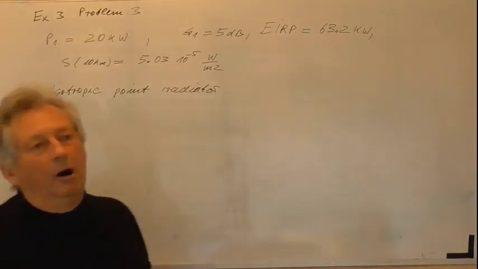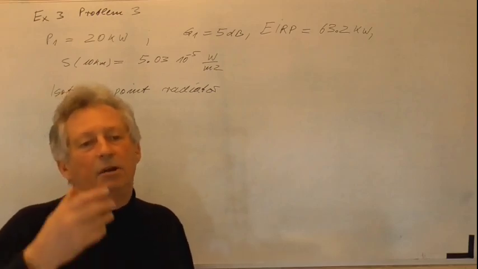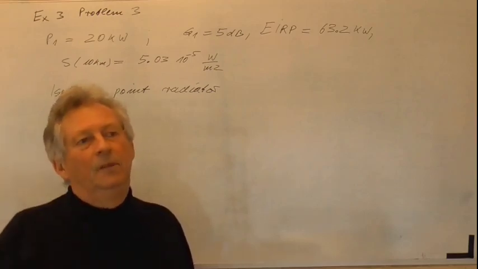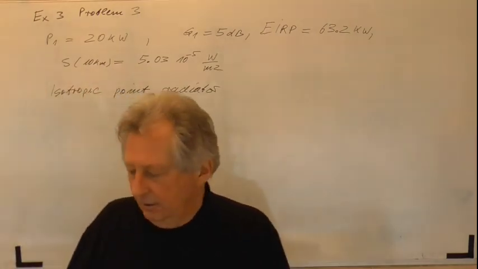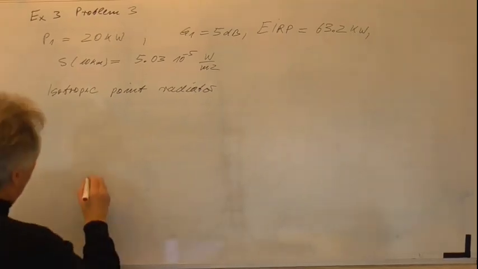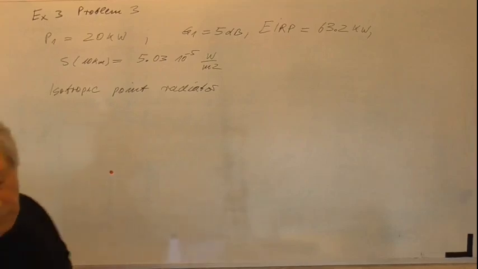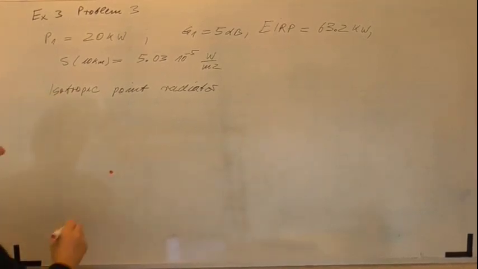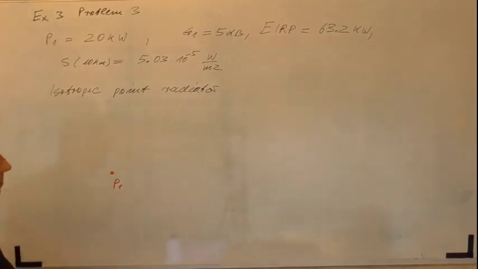From a system point of view, it's not so interesting how it radiates, just the fact that it radiates is of interest. So the idea is that I have a point in space, and out of this point we get the radiated power P1.